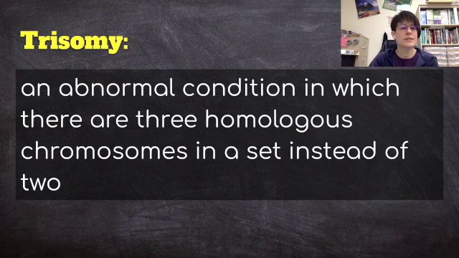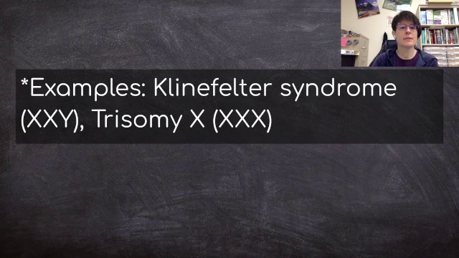An example of this is trisomy. This is an abnormal condition in which there are three homologous chromosomes in a set instead of two. Some examples are Klinefelter syndrome, in which a male is produced who has two X chromosomes, so their genotype would be XXY, or trisomy X, in which there's a female who has three X chromosomes.